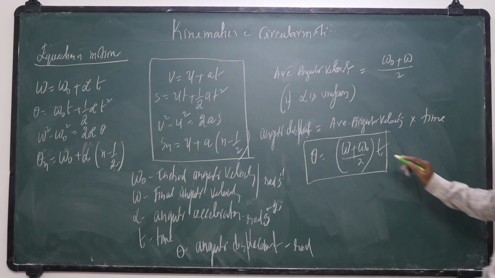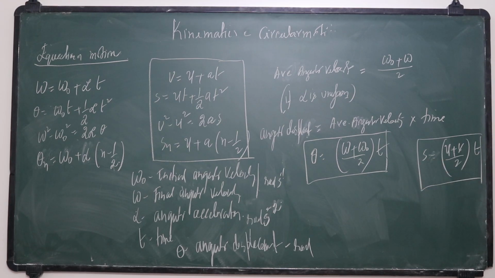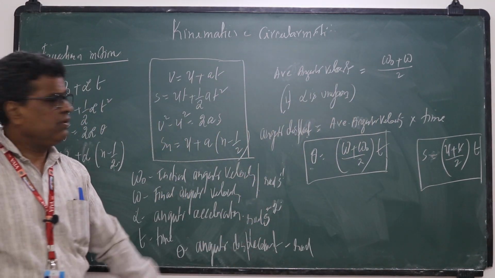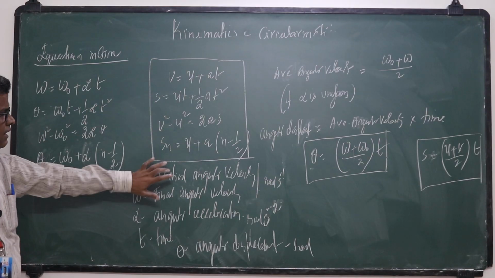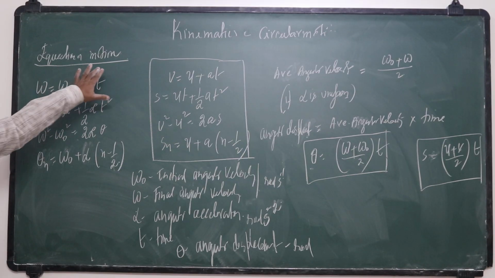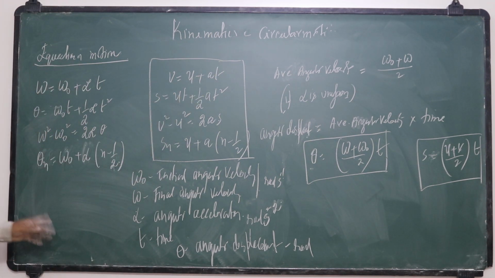As I explained, displacement is equal to average velocity, u plus v by 2, into t, as we explained in the previous classes. In the same fashion we derive these equations. These equations are called kinematic equations of circular motion. Take these equations.